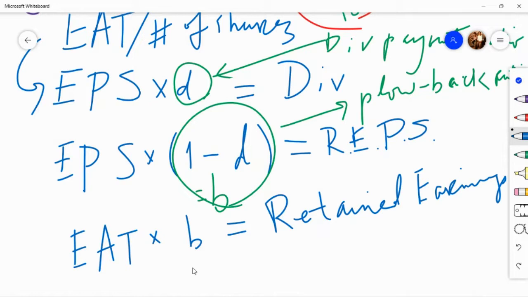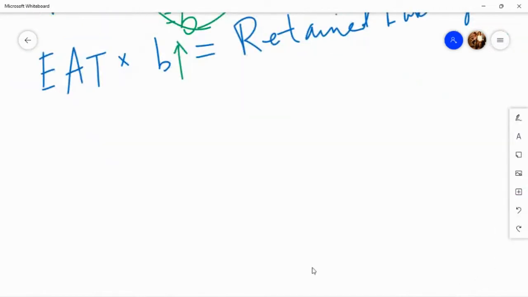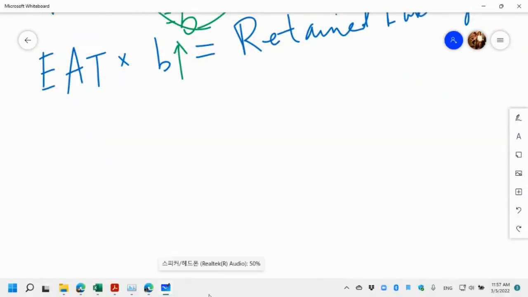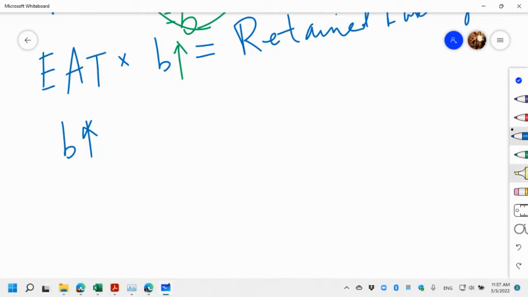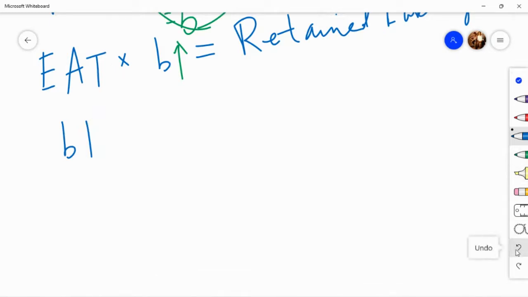It's easy to understand that as the plowback ratio goes up, the growth rate will go up.